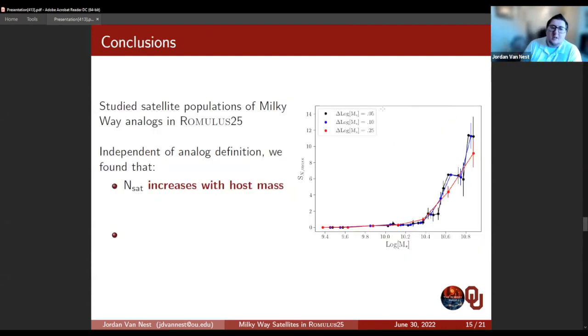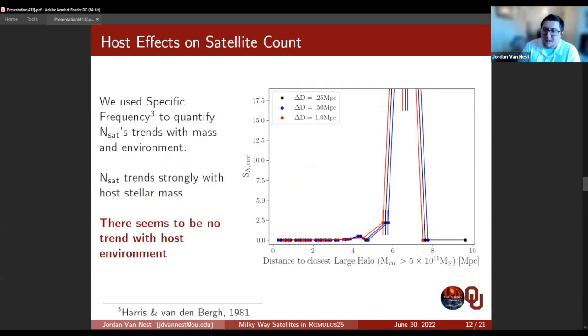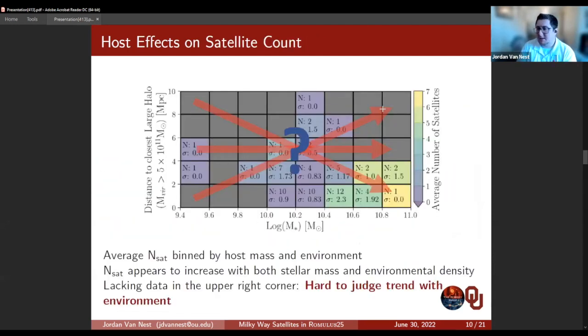Just as a quick summary, we studied the satellite populations of Milky Way analogs in Romulus 25, and we found that independent of analog definition... One thing I forgot to say was that all these specific frequency plots and box plots were for the virial mass definition, but regardless of definition, they all look remarkably similar.